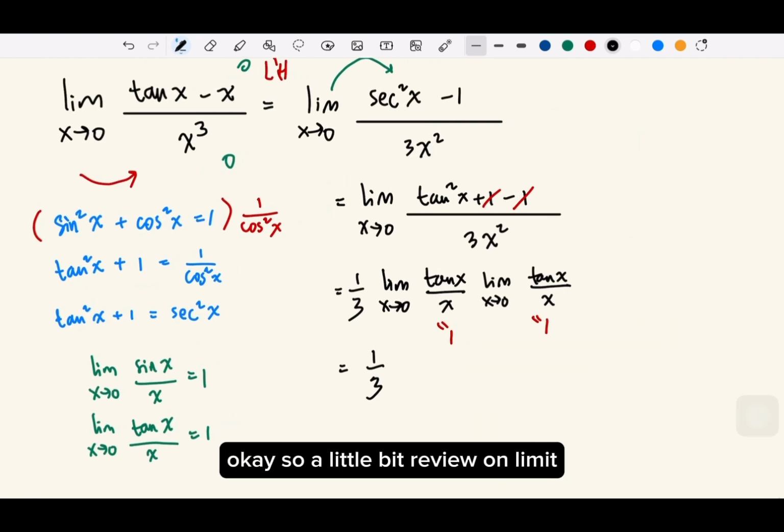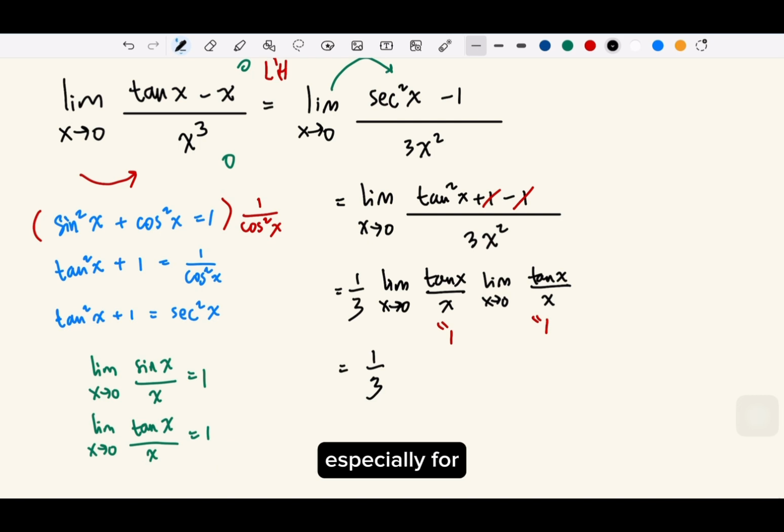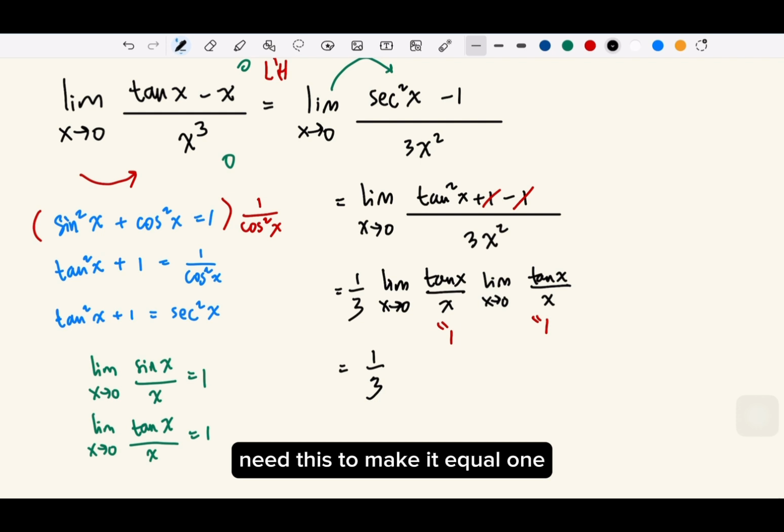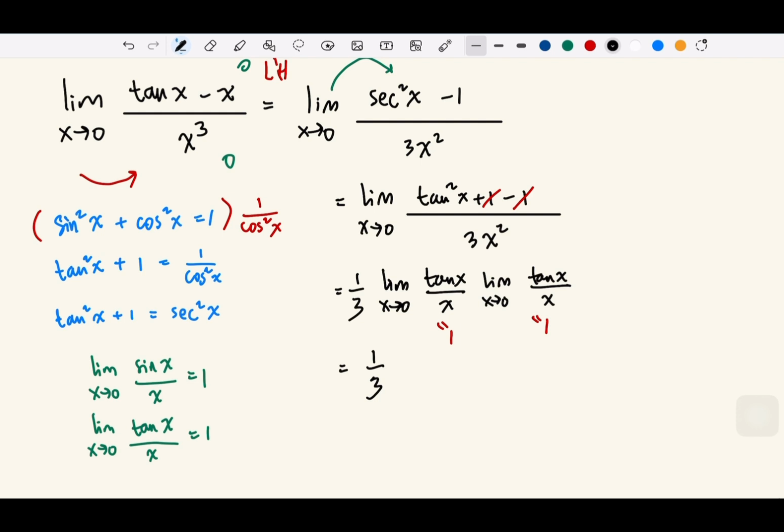So a little bit of review on limits, especially for the trigonometric ones. Another way is you can apply L'Hopital once more, you get something here, and still need this to make it equal 1.